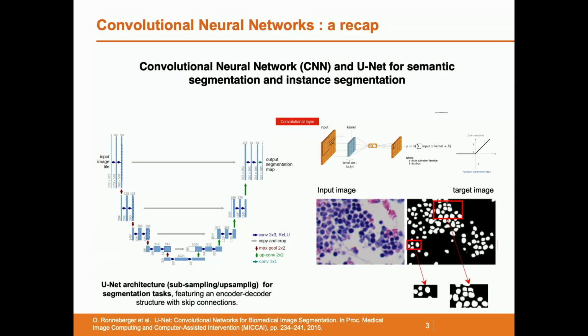The most popular architecture is a UNet architecture, which applies different subsampling and upsampling operations plus additional connections. And the user just needs to submit a training data set composed of input images and target images.